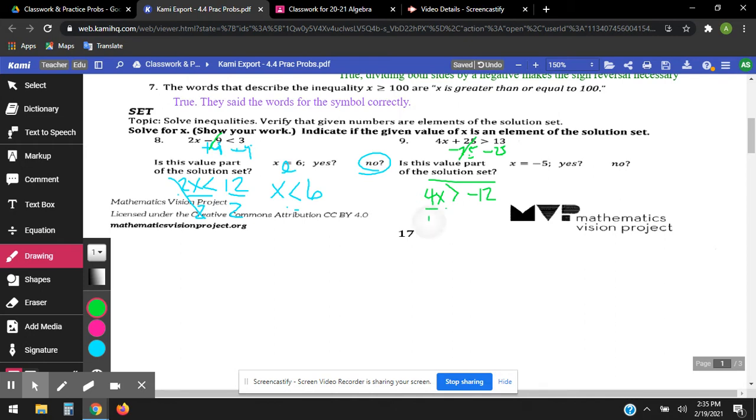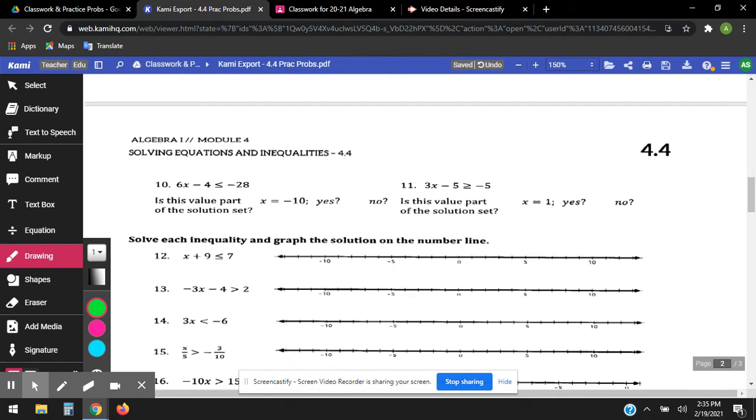So I need to divide both sides by 4. x is greater than -3. So if x has to be greater than -3, is -5 part of the solution? Can I put -5 in there and have it work? Nope. -5 is less than -3. So that one doesn't count.